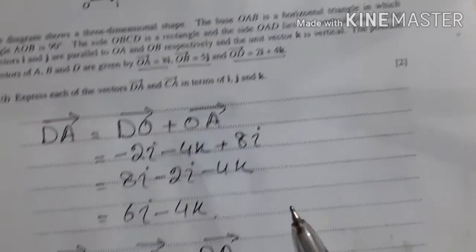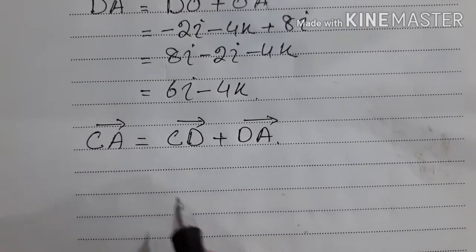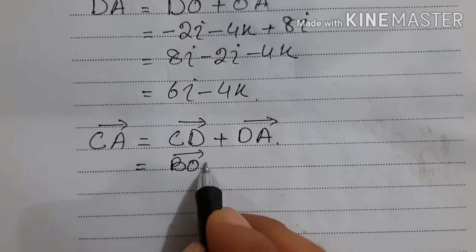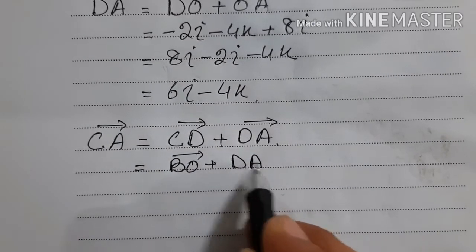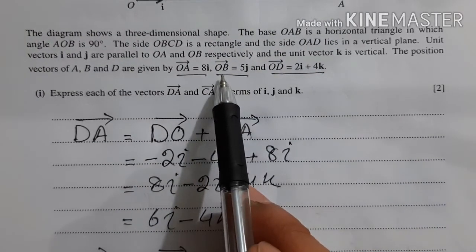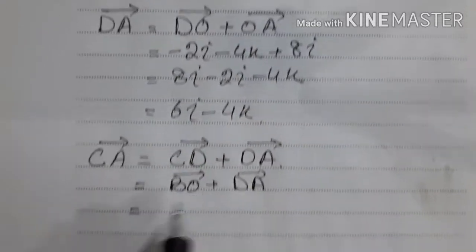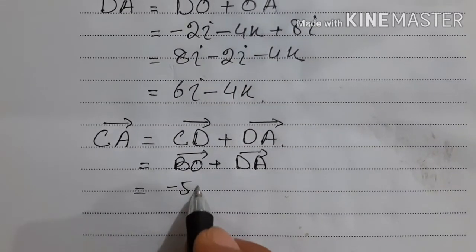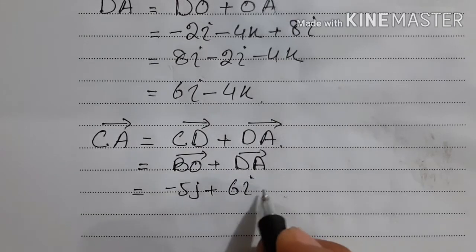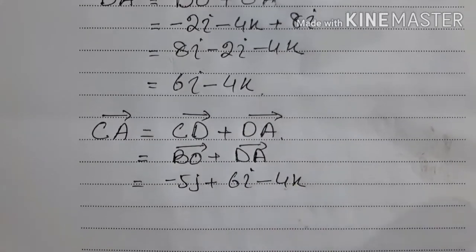So we'll write BO instead of CD, plus DA. What is BO? It is the opposite of OB, so sign change, minus 5j, and DA is 6i minus 4k.